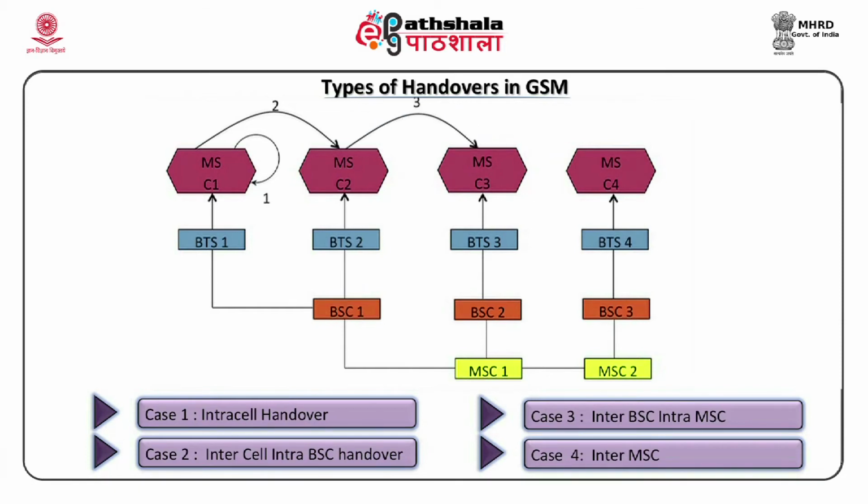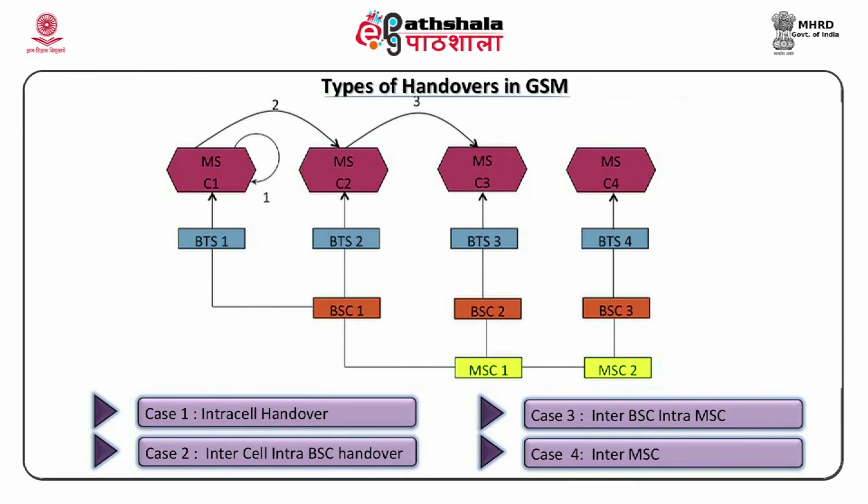In the third scenario, you can see that the mobile device is moving from C2 to C3. So, in this case the two BSCs are different, but both belong to the same MSC, that is MSC 1. So, the handover is from BSC 1 to BSC 2.